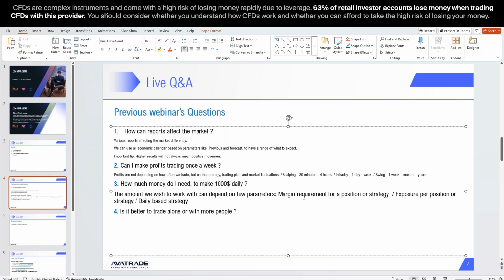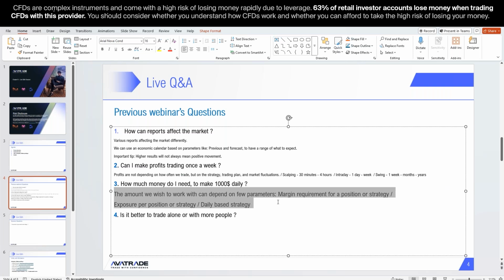If I like high exposure, I can work with less capital and be more exposed, but this is not the purpose of the question. It's not what the question is asking. It's asking how much money we need. And how much we need is basically the margin impact. But we added another layer to have some logic.